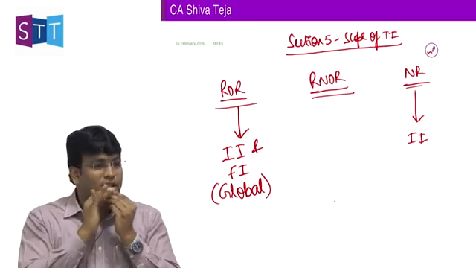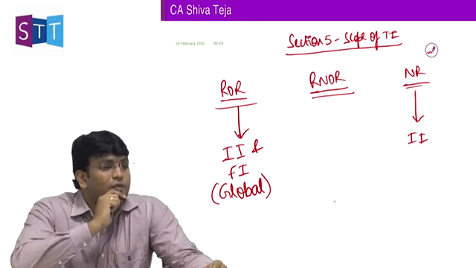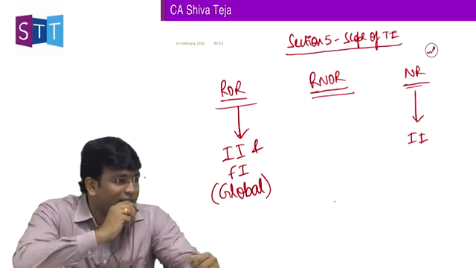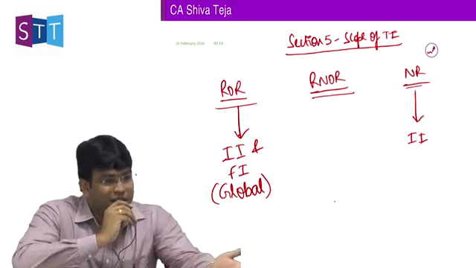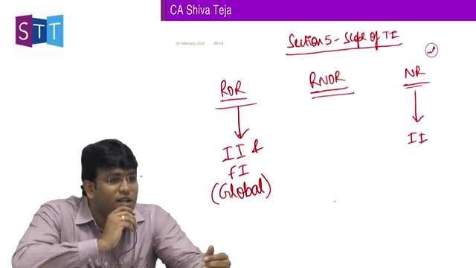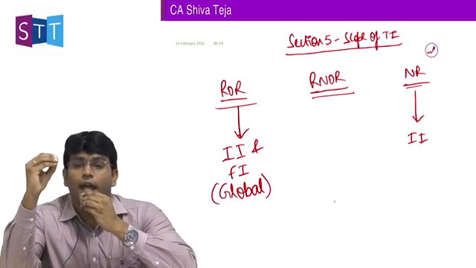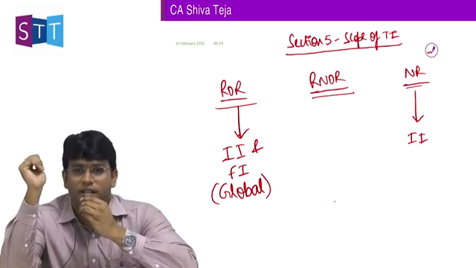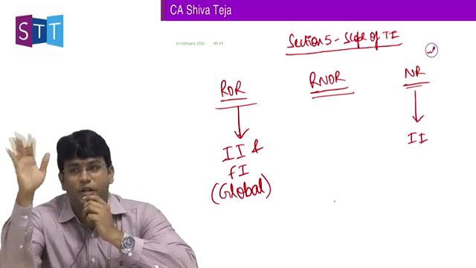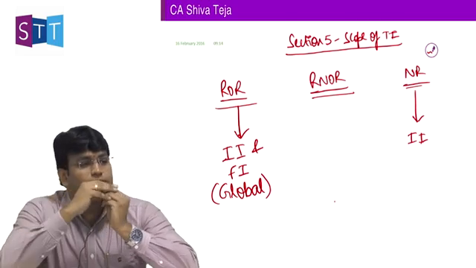Let's say for a small example, when you call a person NR, if he doesn't satisfy any of the basic conditions, we call him NR. Take AB de Villiers, the South African cricketer. He is coming to India every year for 30 days.